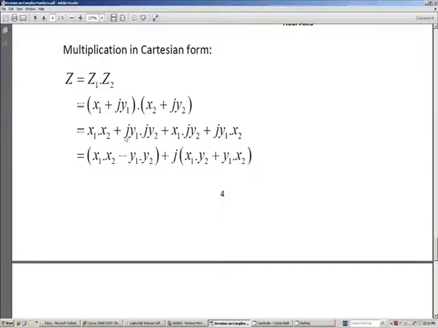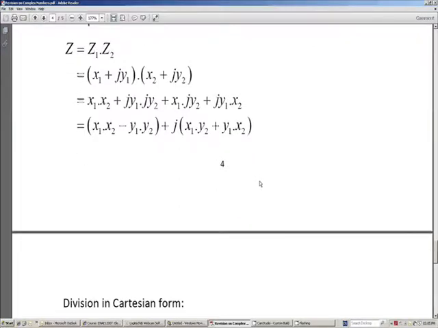Where j squared comes in, it becomes a sign change, and you get x1 into x2 minus y1 into y2 as the real part. And wherever opposite numbers multiply, like a real part and an imaginary part, the product results in an imaginary part. Therefore you get these two imaginary terms, j times x1 into y2 plus y1 into x2. So that's the multiplication in Cartesian form.